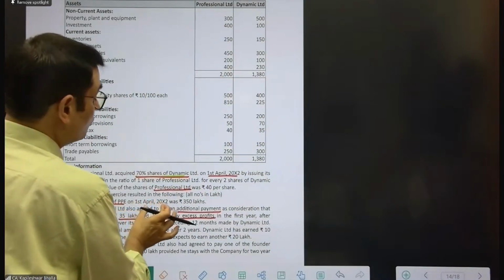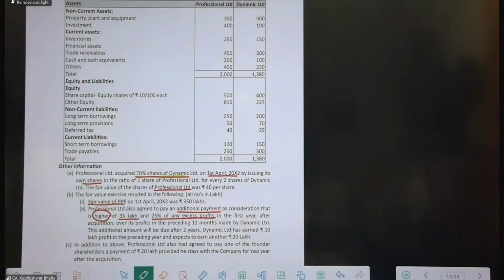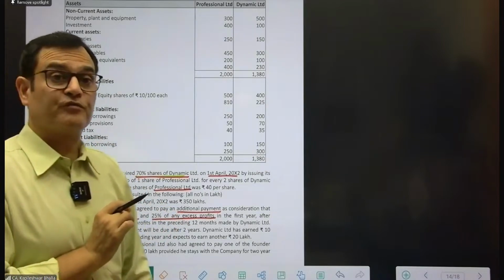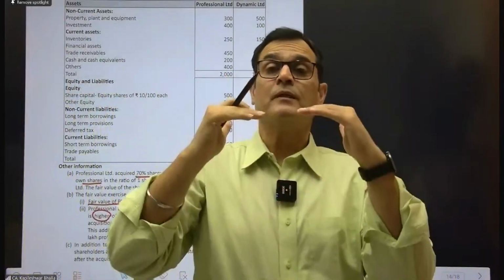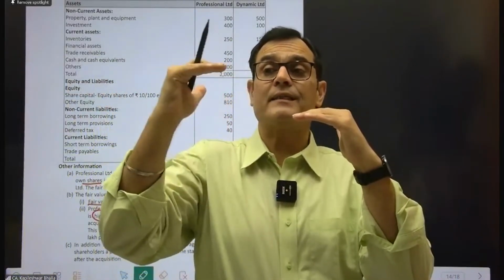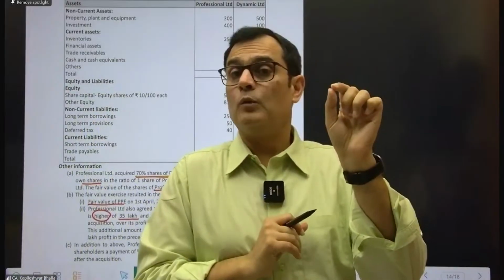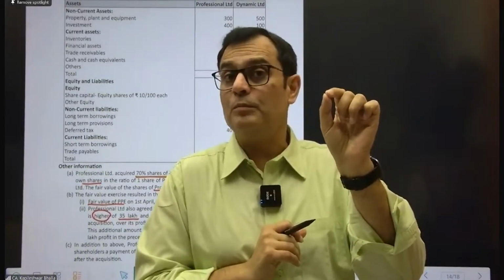And can I say it is only the excess, that is 25% of the excess profits minus 35 lakh, that represents the contingent consideration. Because whether you will get the excess or not is dependent upon whether the excess profits are going to be enough.